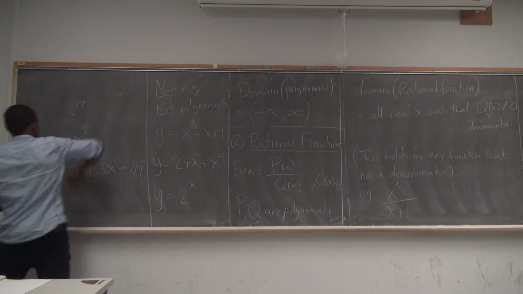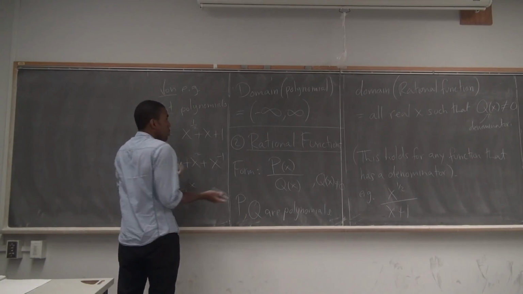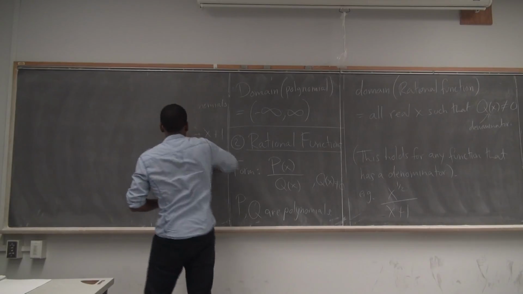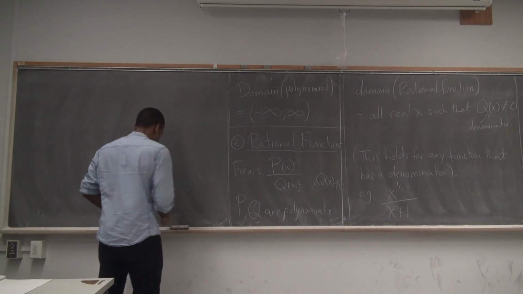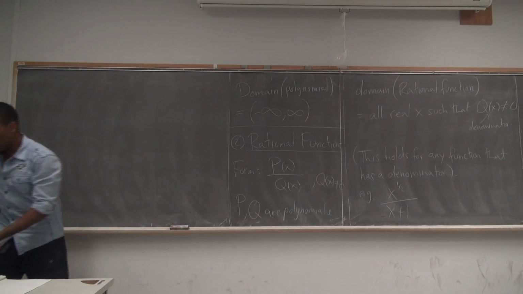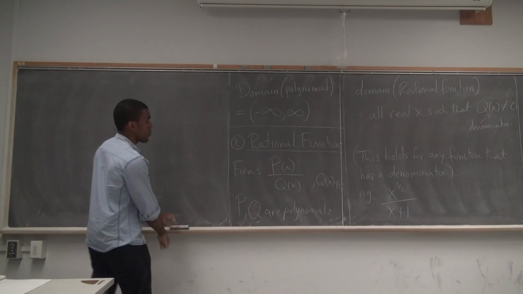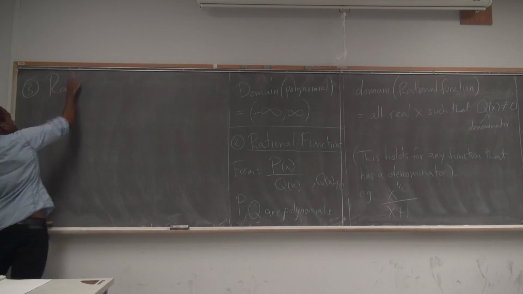We'll do examples soon, so don't worry if you don't remember how to figure it out. I'm going to remind you. Right now, we're just doing definitions. Another class of functions that we will see very often: radicals.